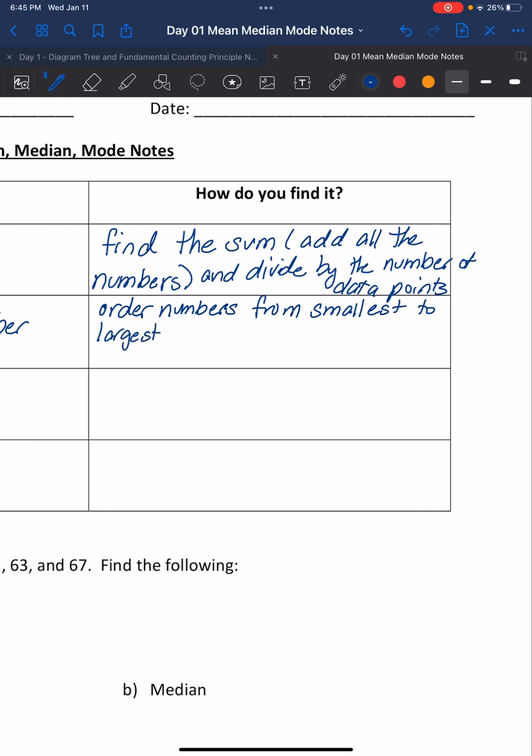Okay, and then you cross out your numbers to find out what's in the middle. All right, and we'll go over an example of that as well, the middle number.